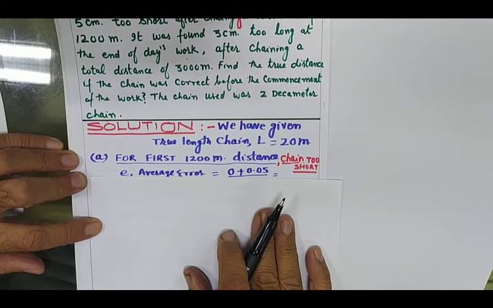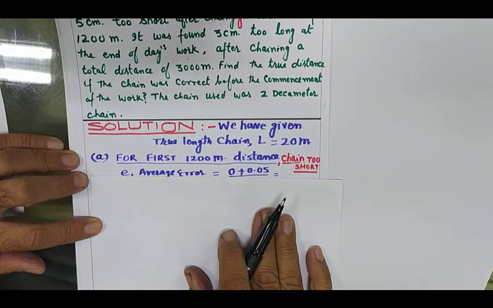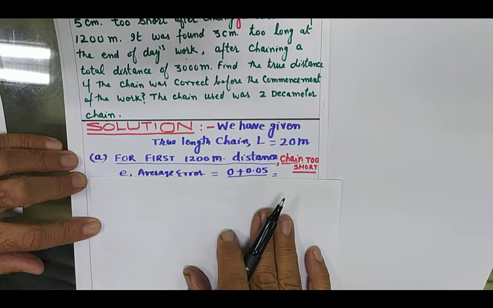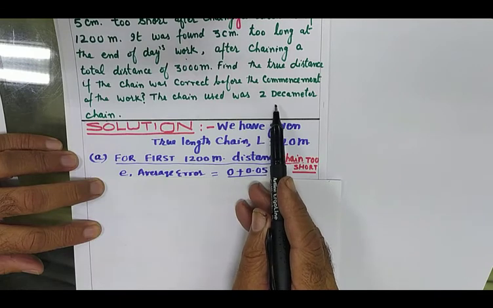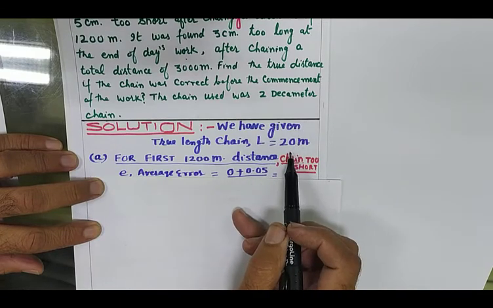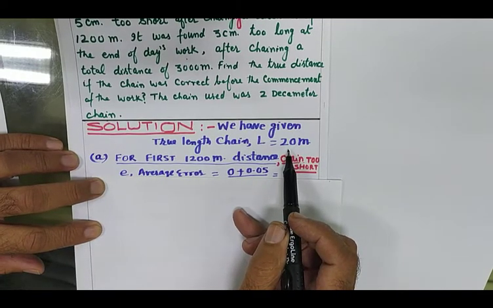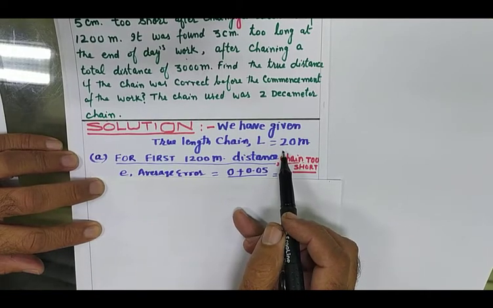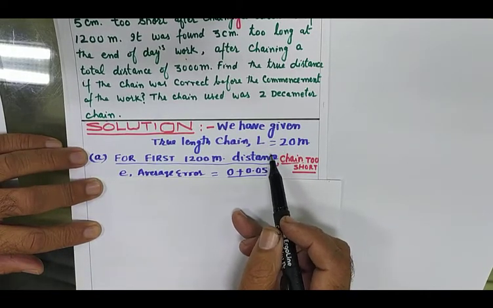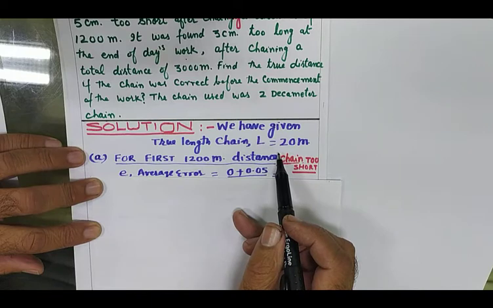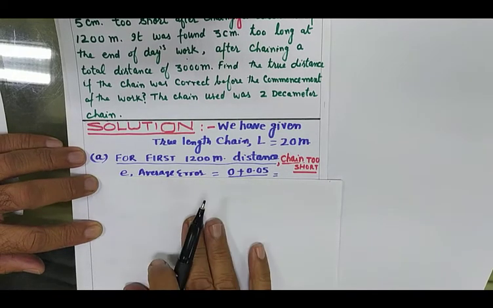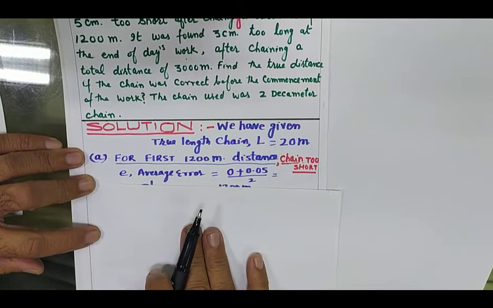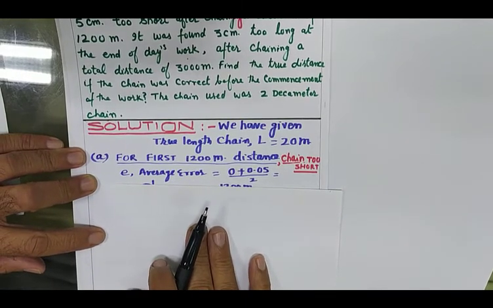For this, again, we have to take the value of E as the average error, because the chain used was a 20 meter chain. It was correct before using the chain. Due to its wear and tear, it becomes 5 centimeter too short, maybe due to some buckling in the chain.